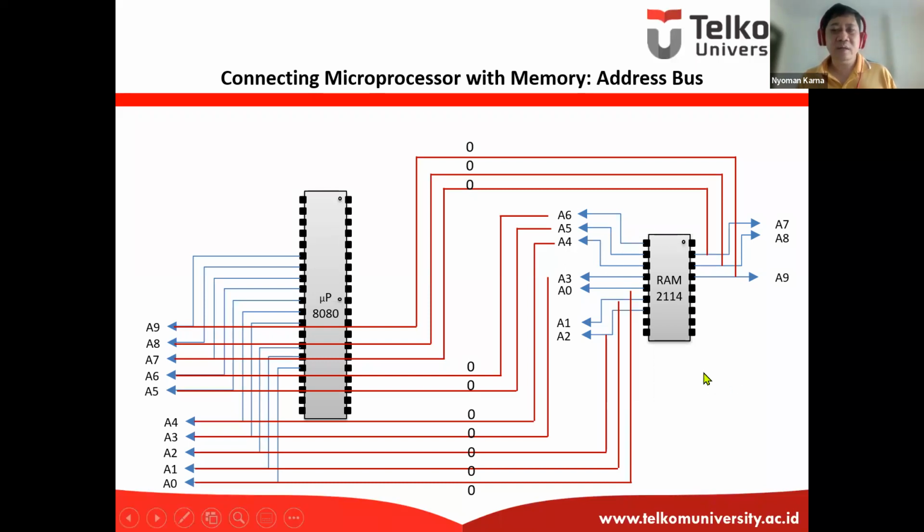Let's take for the first example, all the address lines are 0. That means I want to access the first data inside the RAM. How about this combination? 0, 0, 0, 0, 0, 0, 0, 0, 0, 1.